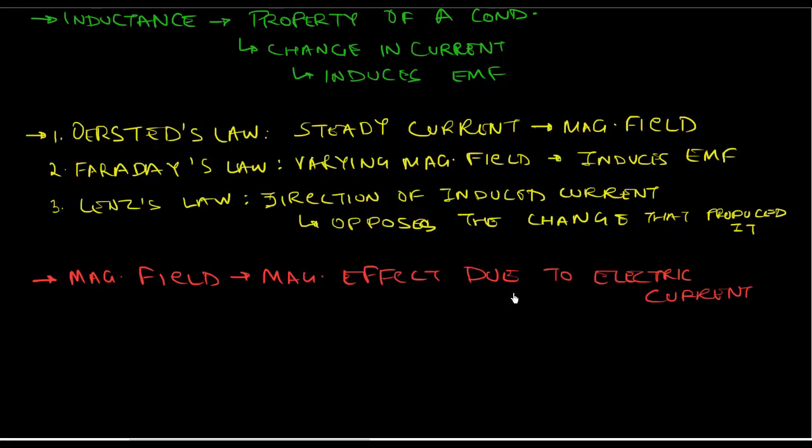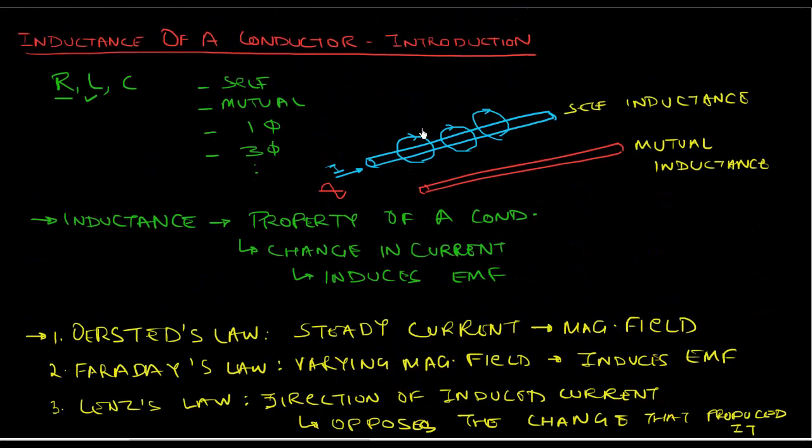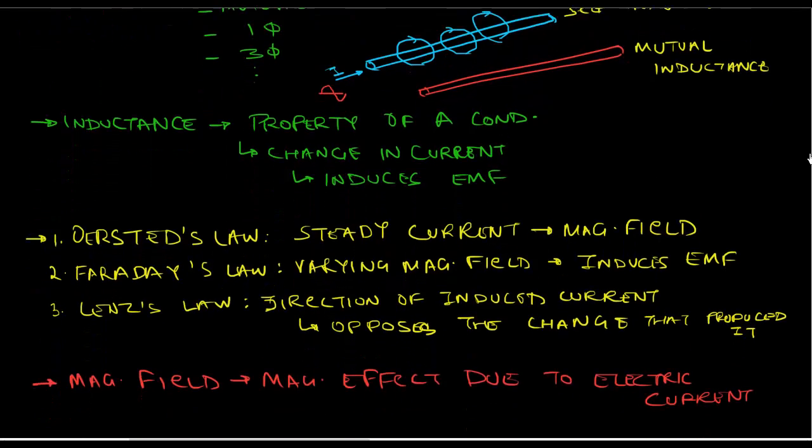So again, it's the magnetic effect due to an electric current. This is the magnetic effect, which is again an effect of nature. It's an observation of the physical nature. And so any electric current causes a magnetic effect, and that magnetic effect is the magnetic field that is created.